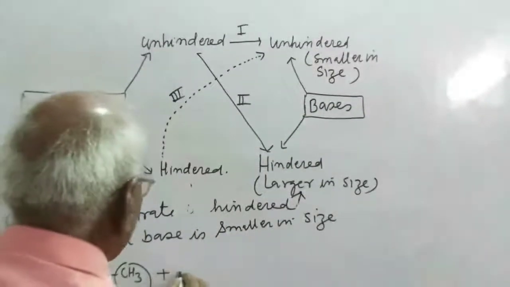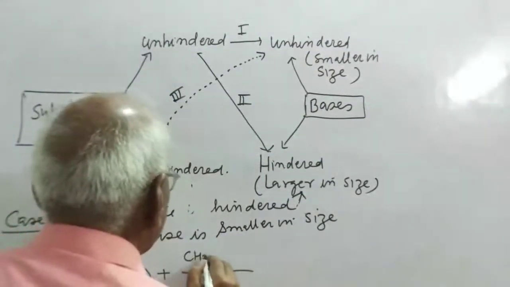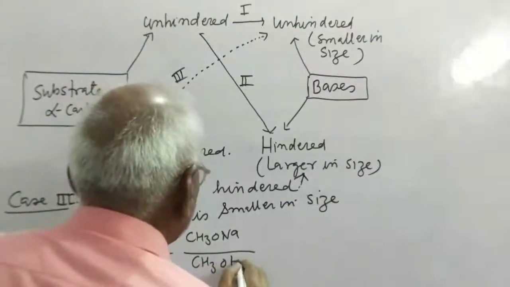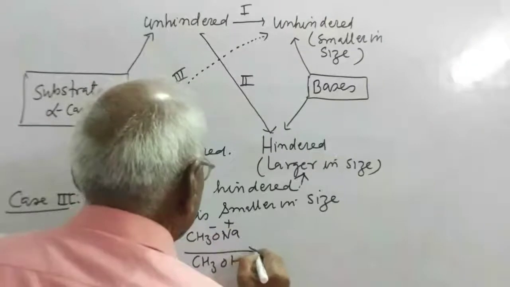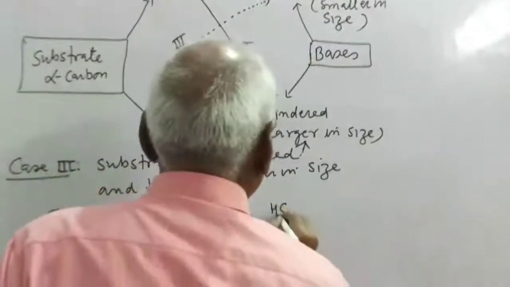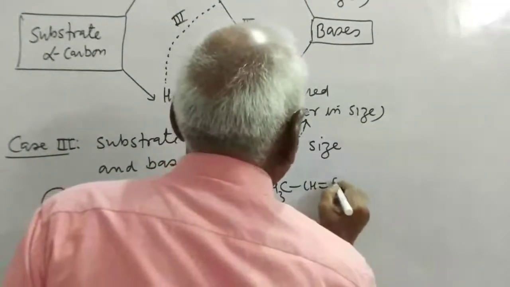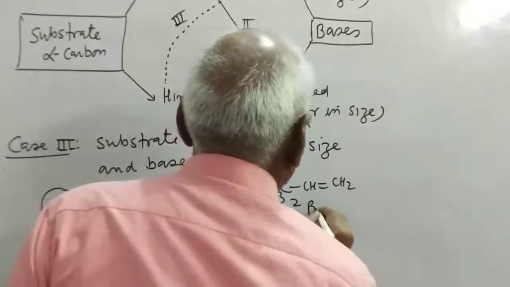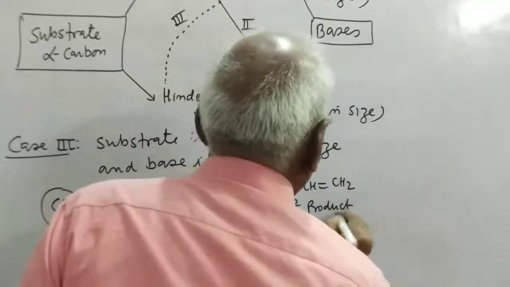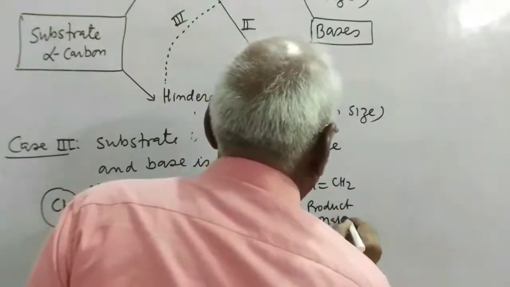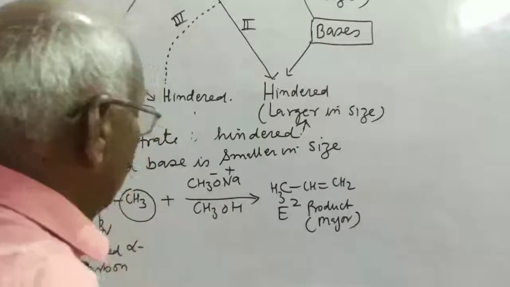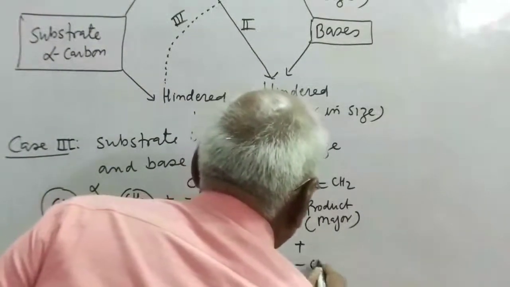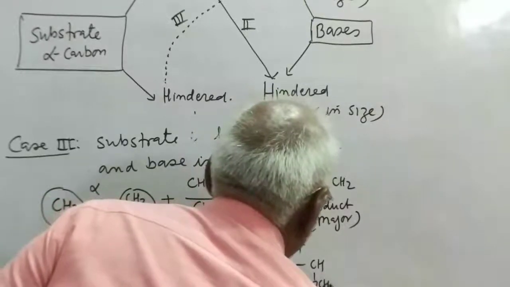So reaction may take place with sodium methoxide in methanol. So the base is methoxide and it gives the E2 product major, and SN2 product minor.